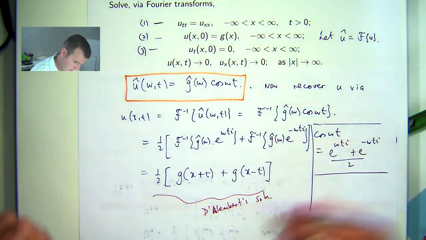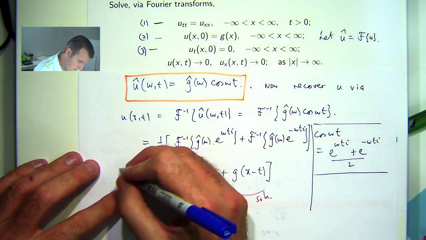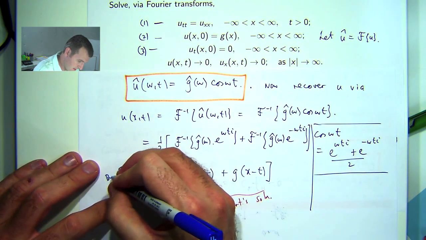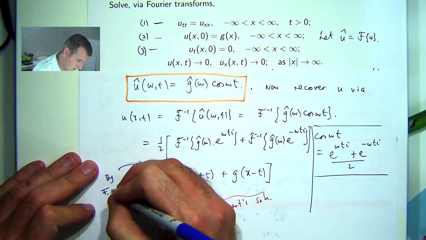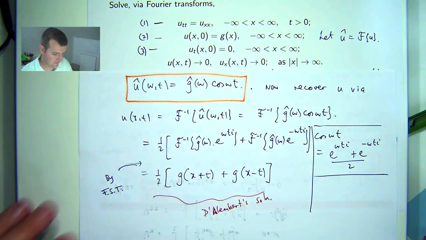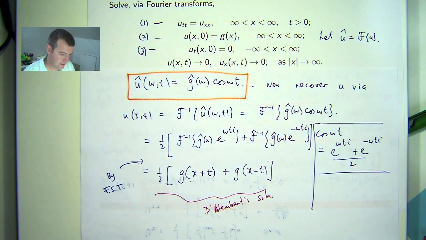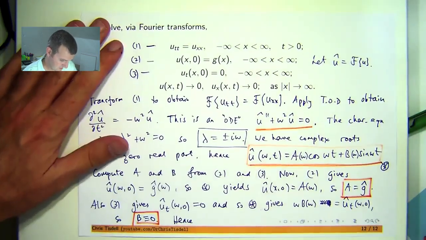So let me just write that down where we've gone and applied the first shifting theorem. I'm going to call it FST, the first shifting theorem. So that is the solution to this particular problem via Fourier transforms.